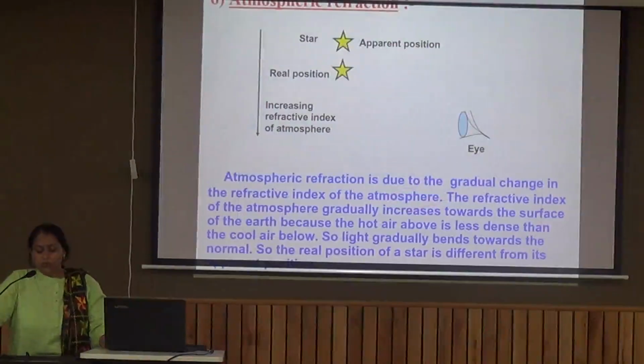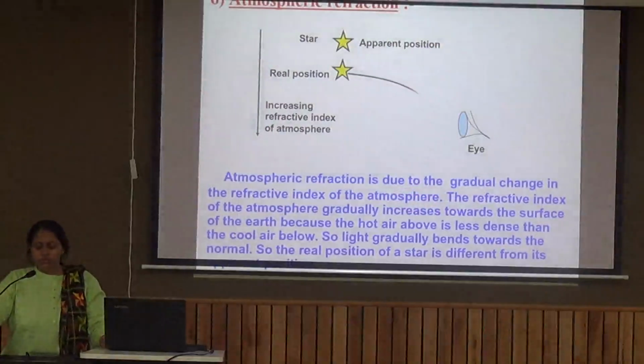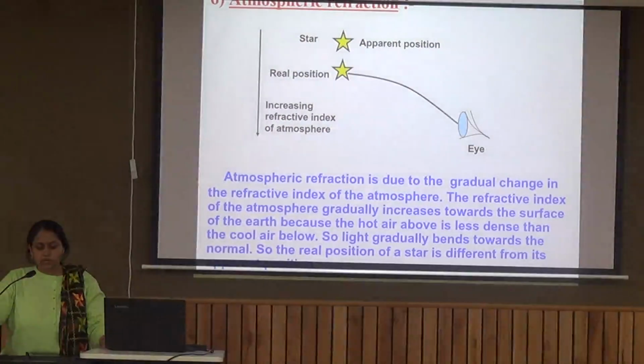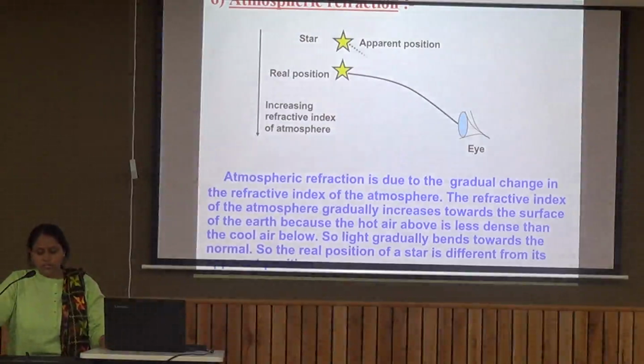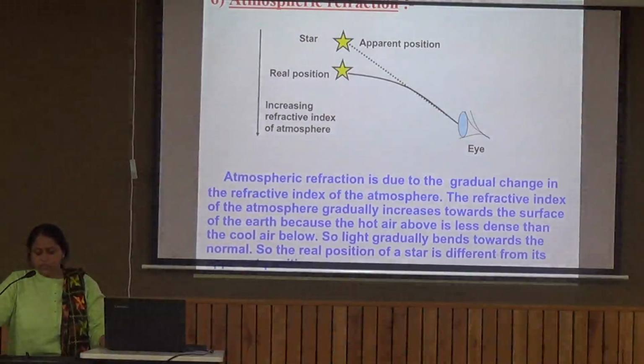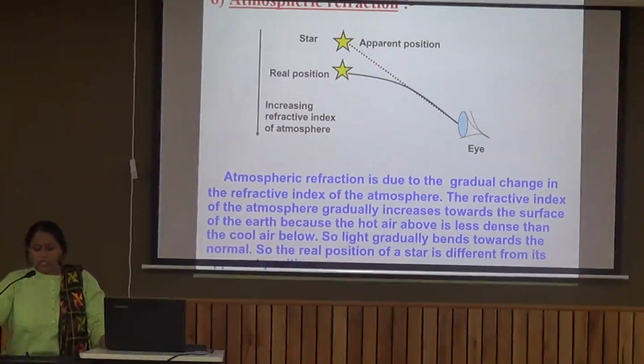Now a few atmospheric refraction phenomena. Atmospheric refraction is due to the gradual change in the refractive index of the atmosphere. The refractive index of the atmosphere gradually increases towards the surface of the earth because hot air above is less dense than the cool air which is below.